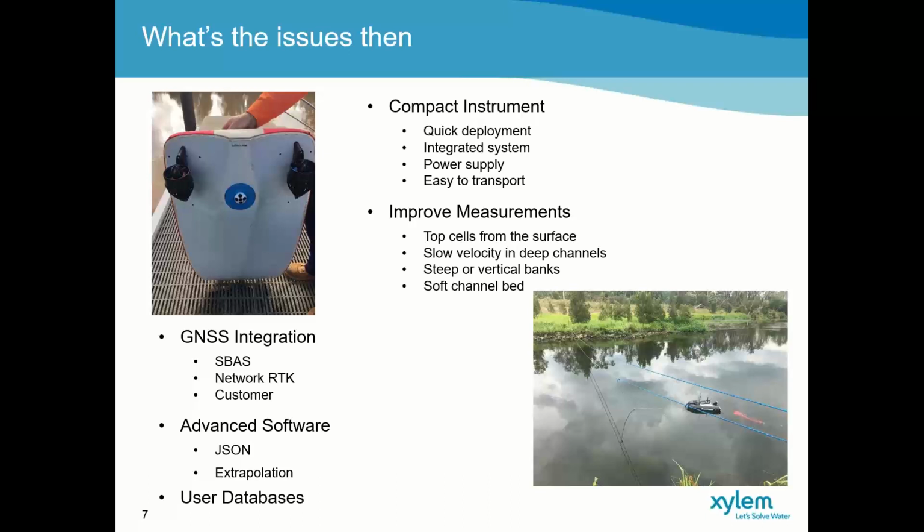In channels with very low velocity in deep channels, that creates a problem currently. Measurement sites with steep or vertical banks is a big limitation on acoustic Doppler instruments, especially because it's using a 4-beam solution, and then soft channel bed or aquatic vegetation that absorbs the actual signal itself.